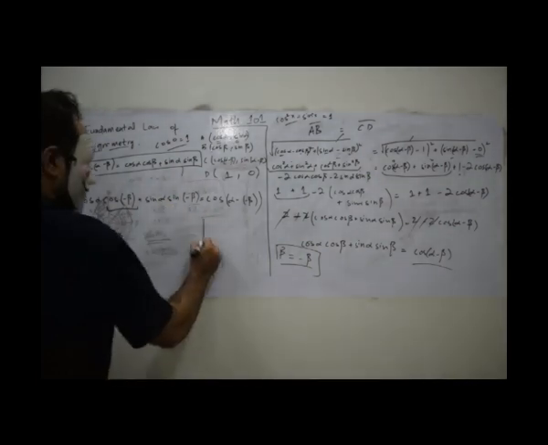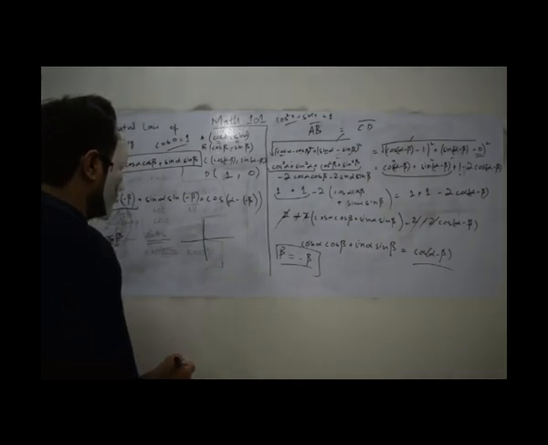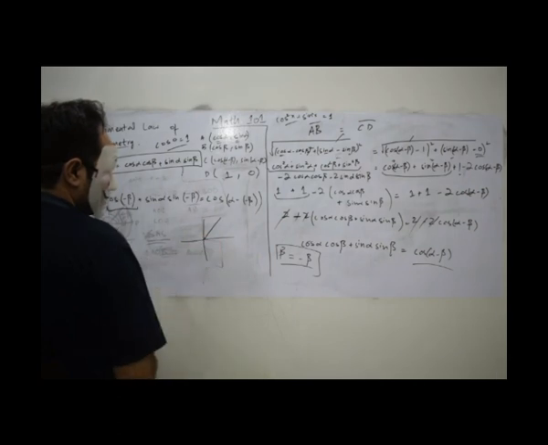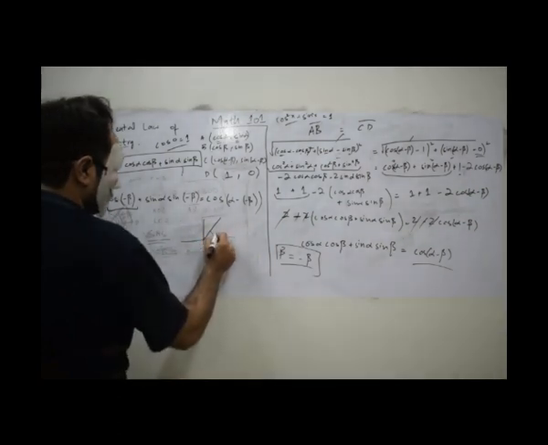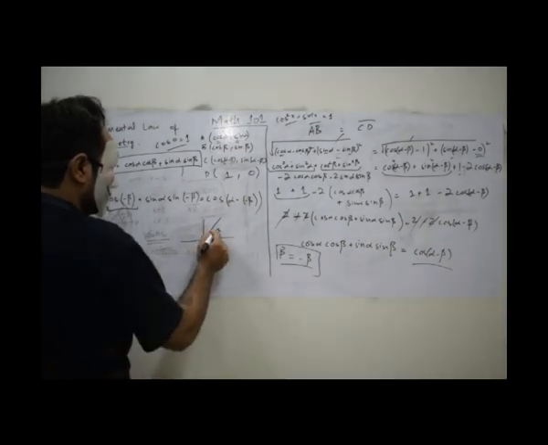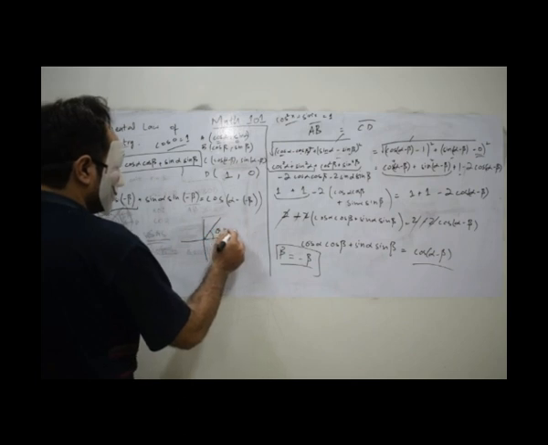Now as far as the sine function is concerned, let's again draw a line that connects to the origin, and it subtends an angle theta. Now if we go in this direction, we know it's positive.